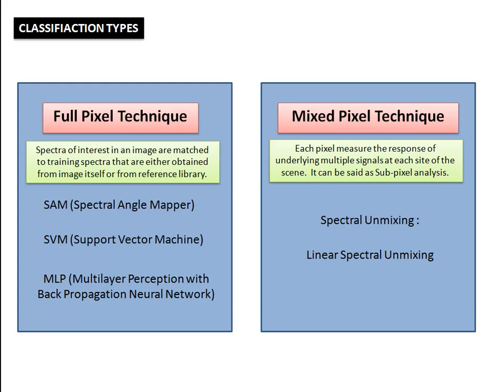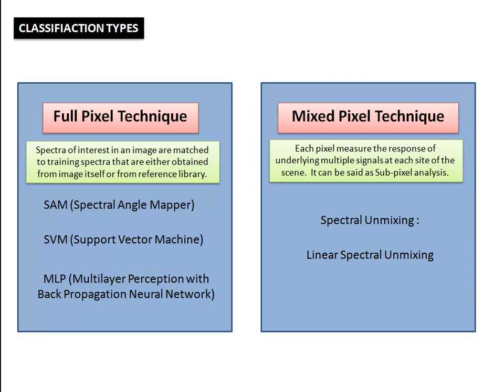So what is the full pixel technique? The full pixel technique is a process where each pixel vector measures the response of the underlying principal signal at each site in a scene.